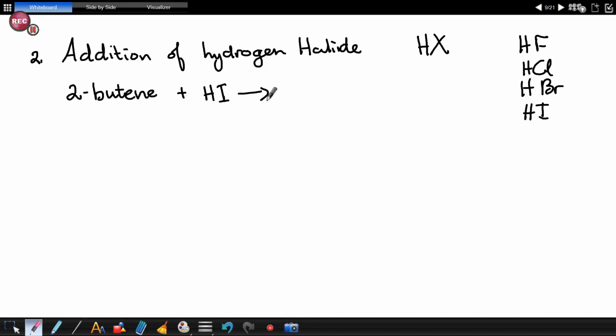So what will you make when you take an alkene and you add a hydrogen halide? What will the compound that is formed be? Haloalkane or an alkyl halide.